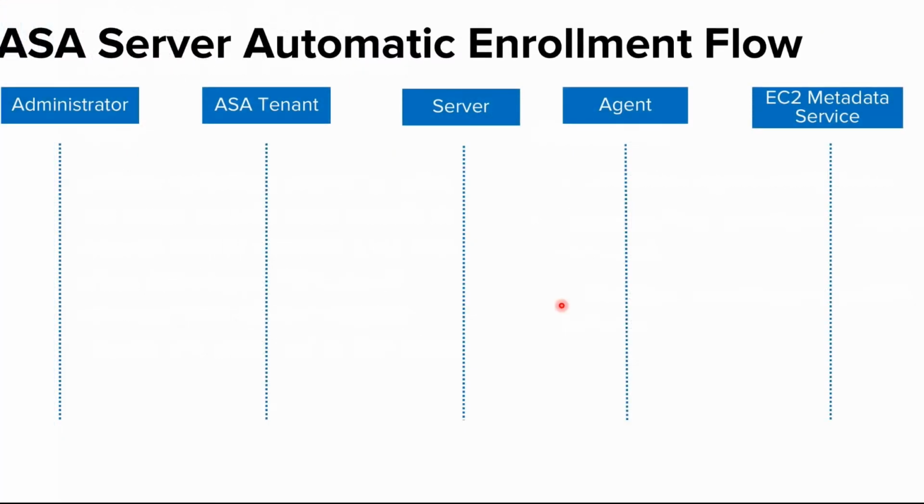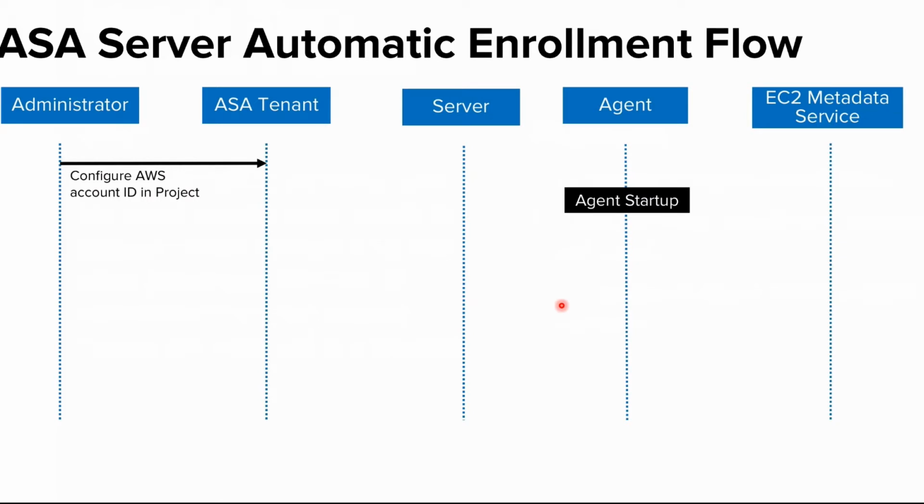Now, the automatic enrollment flow involves you as an administrator configuring, say, an AWS account in a project. And from that point on, any server that you ramp up in that AWS environment that has the agent on it, it'll automatically be enrolled in this project.